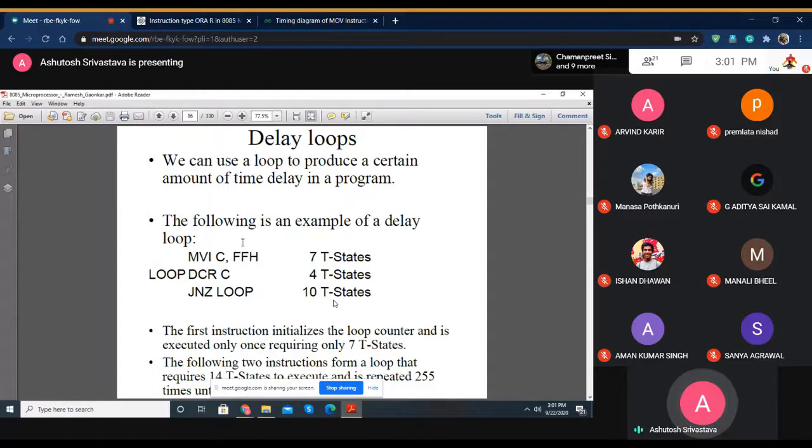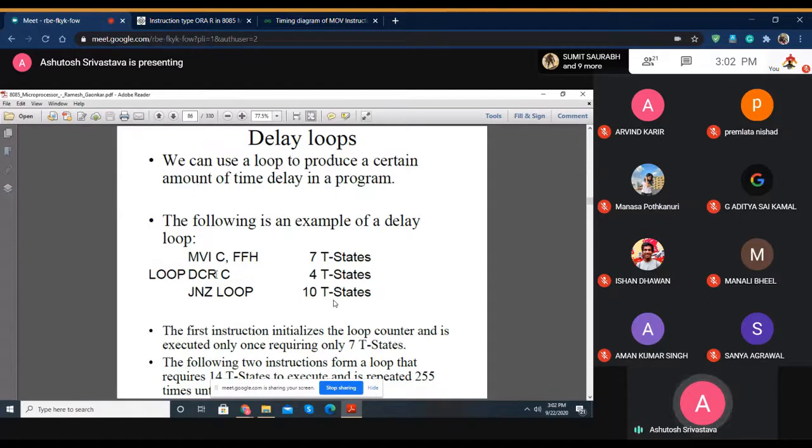Then you have this loop coming into picture. So what does this second statement in the loop state? This is the starting point of the loop. It says decrement C. So whatever is the value that is being fed into your register C, it would decrease by 1.